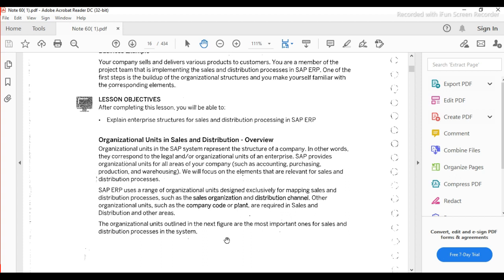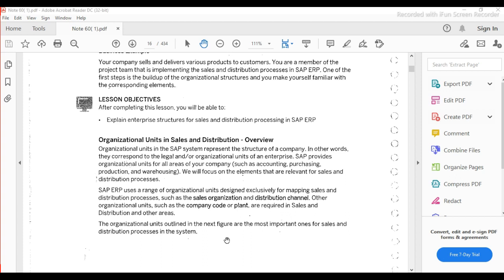If we talk about sales and distribution, it has designed the sales organization, distribution channel, and some other organizational units also help to set up the sales process. Like the company, we need company code, we need plant, we need shipping point. These organizational units also help to set up the sales process in the SAP system.